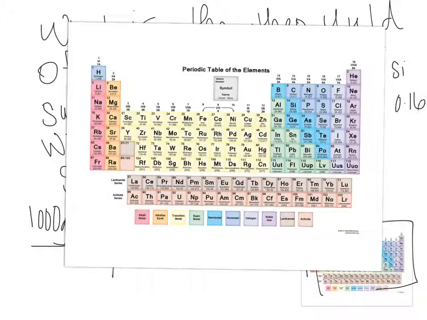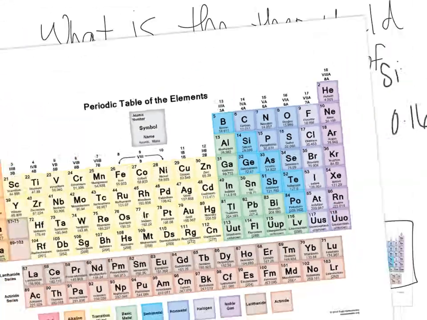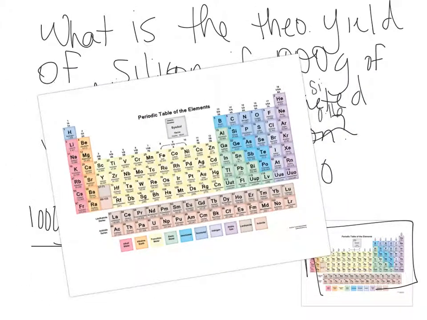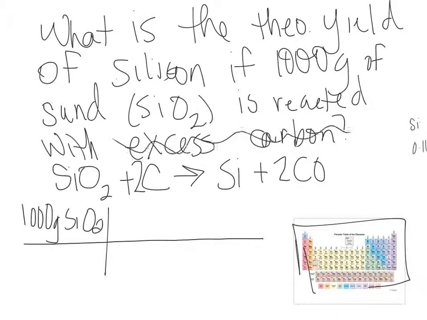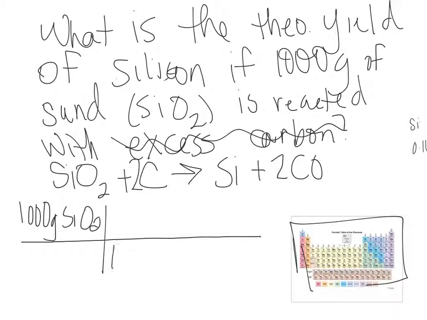Oxygen is 16, silicon is over in the nonmetals, and it is 28. So 28 plus 16 times 2, and we're going to get 60 grams for our molar mass here over 1 mole.